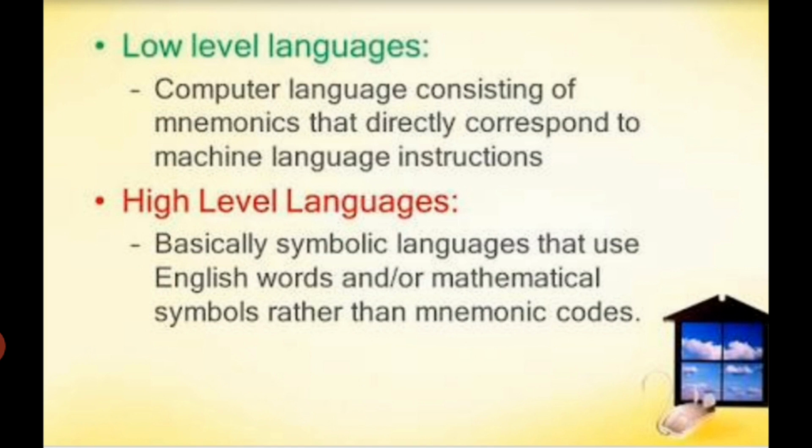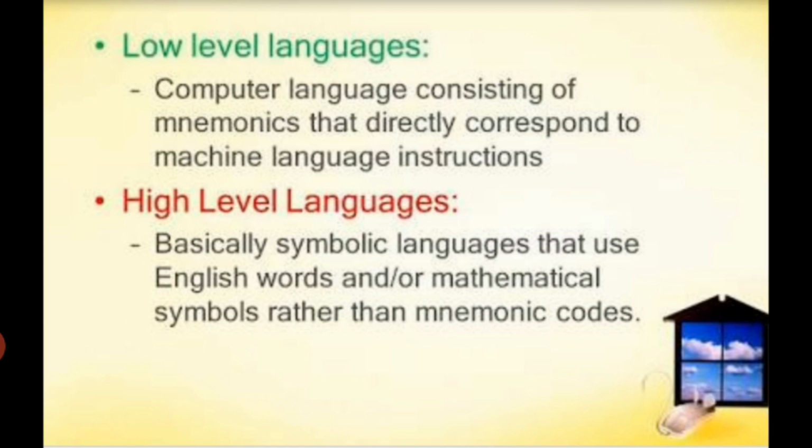Under assembly language, in order to give some sort of command or instruction, this language uses symbols. Some examples of assembly language commands or instructions are READ, ADD, STORE, etc. These are some examples of the symbols that are used as instructions or commands in assembly language. Sometimes assembly language also uses operands.